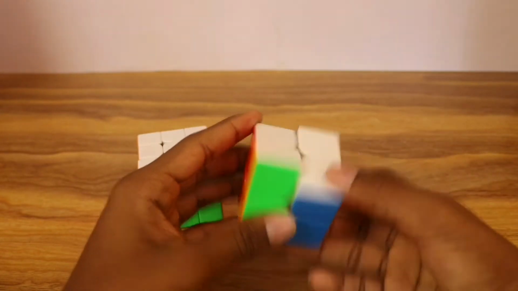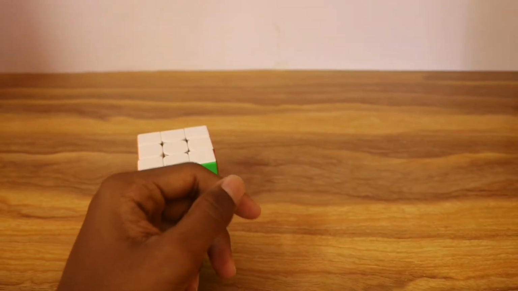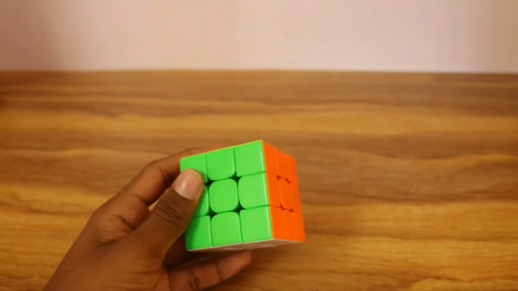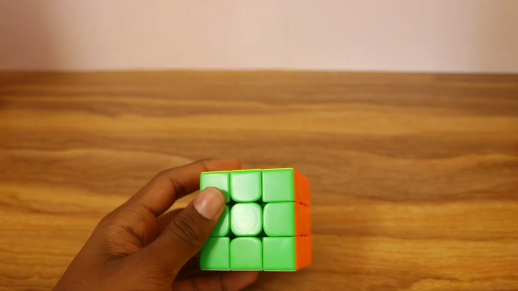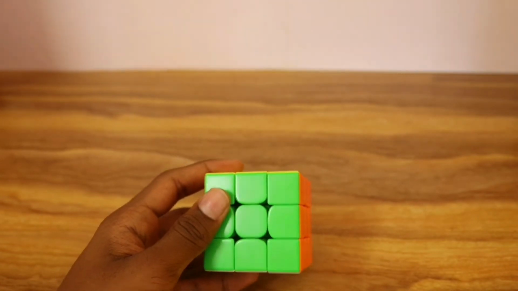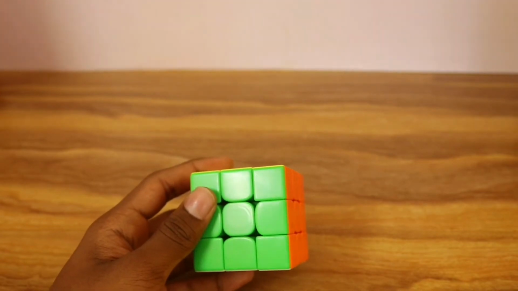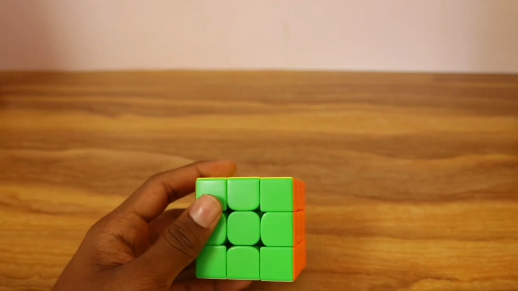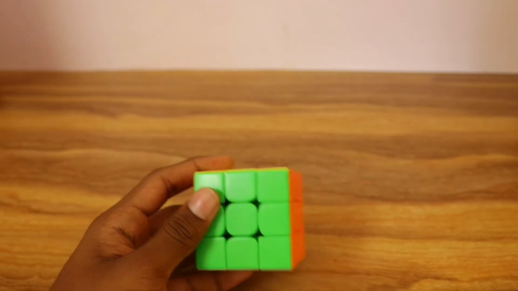Now in your algorithm, you will see a small apostrophe next to your R, U, or L, or whatever letters there are. That apostrophe stands for prime.